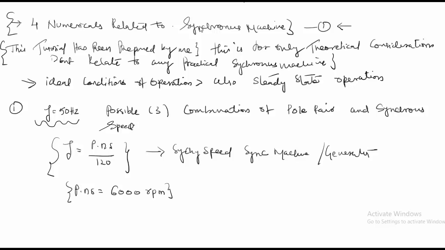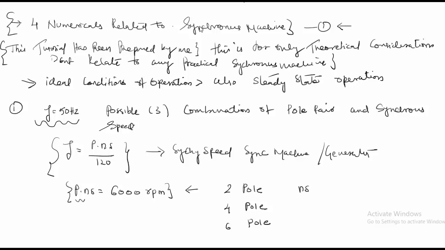And now based on the poles which you have, like if you have a 2 pole machine, a 4 pole machine and a 6 pole machine, it's possible to substitute the P here.